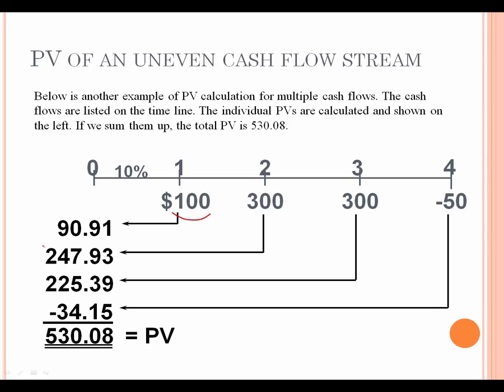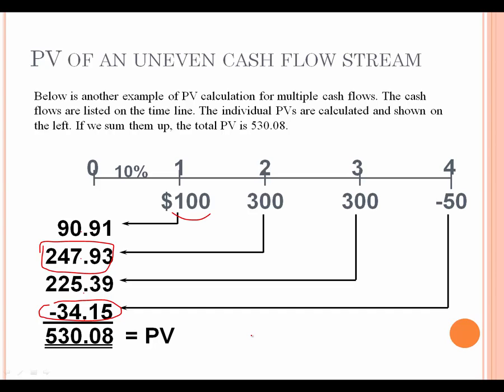Now if you are wondering how you get this number, for example from year 2, this number is 300 divided by 1 plus 10% to the power of 2, and this number here will be the negative 50 divided by 1 plus i to the power of 4. So 1, 2, 3, 4, every one discounted, and the total present value is the sum of these 4.